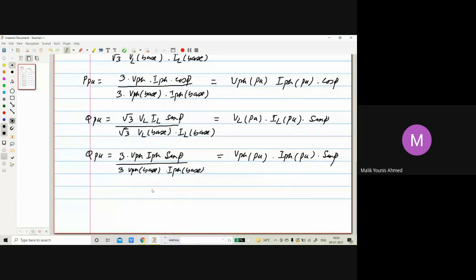There will be no concept of under root 3 or 3 in power representation, in the power rating representation of the per unit system.